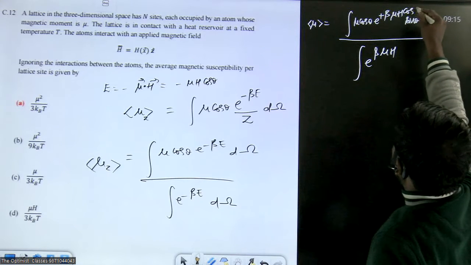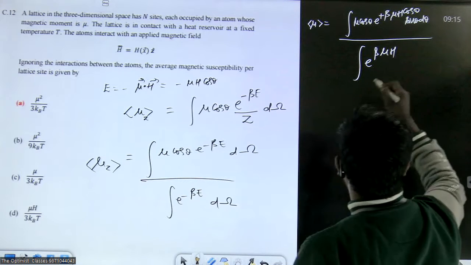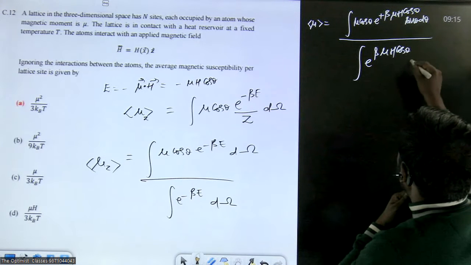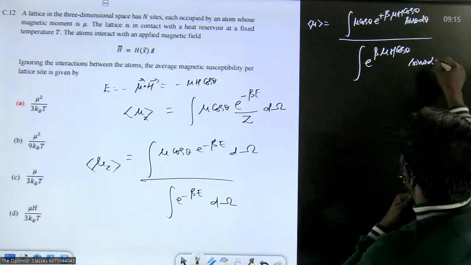There is a cos theta term in the energy, so beta mu H cos theta, and here you get sine theta and d theta.